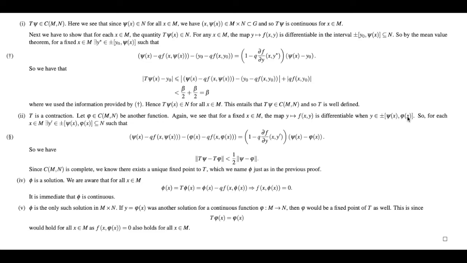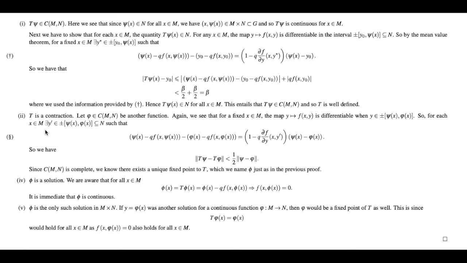And psi of x and phi of x are both contained in N. So this interval is entirely contained in N, and so for every y in this interval in N corresponding to x in M, we have that the pair x y lies in the rectangle M cross N, which is properly contained in G, and f is differentiable in all of G.